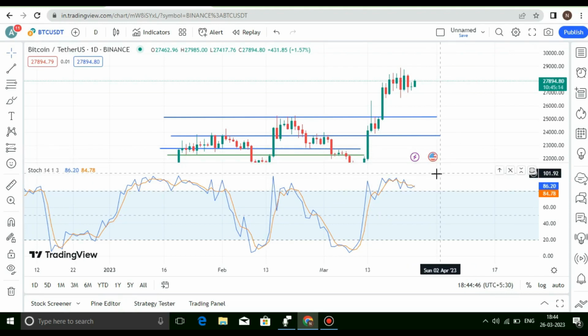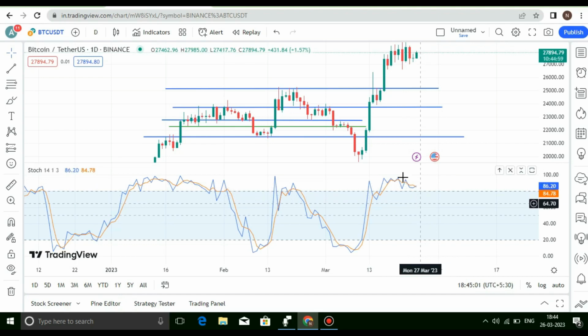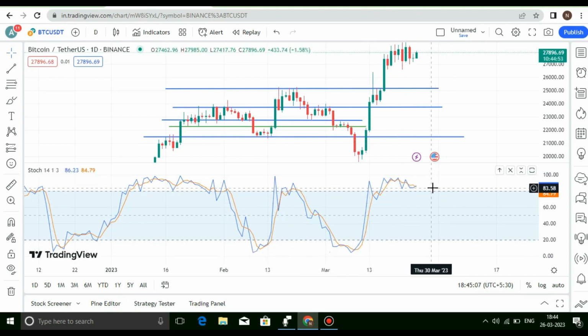By the stochastic oscillator you can predict that the market is overbought or oversold, but you cannot predict that you have to sell right now. But you can go for a long-term trend if the stochastic oscillator is below 20, and genuinely saying, if you're having some assets of Bitcoin right now, you must be selling that.